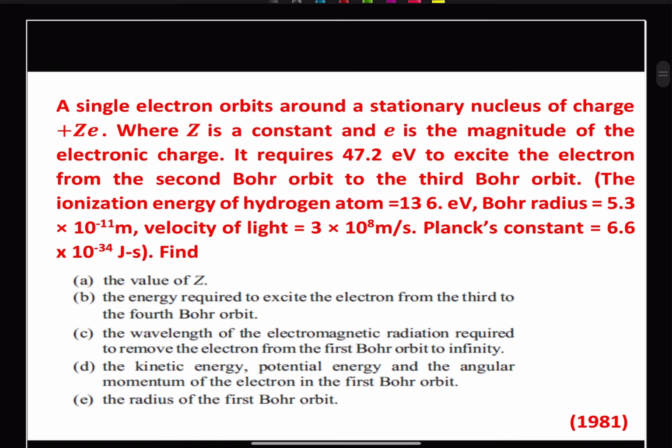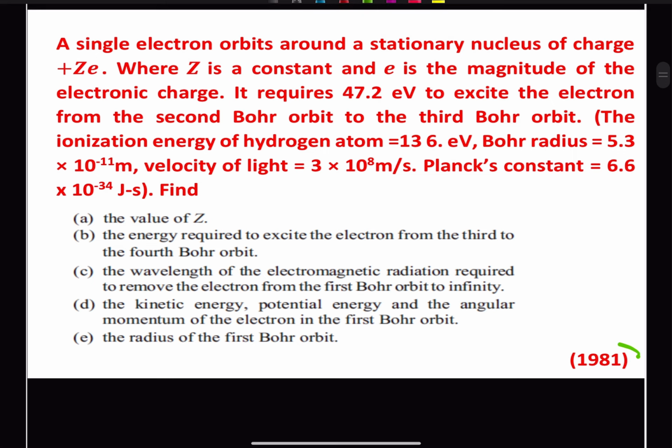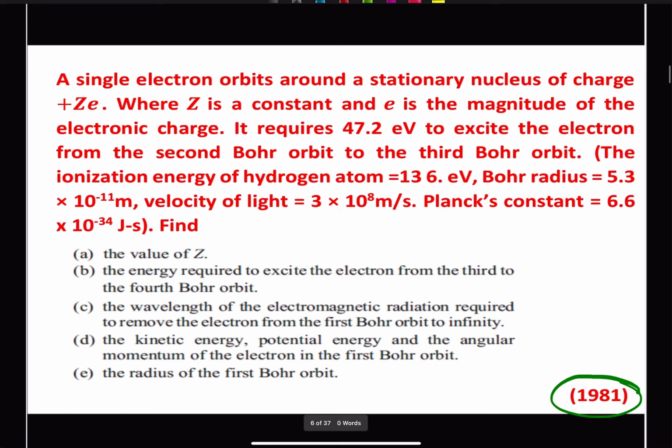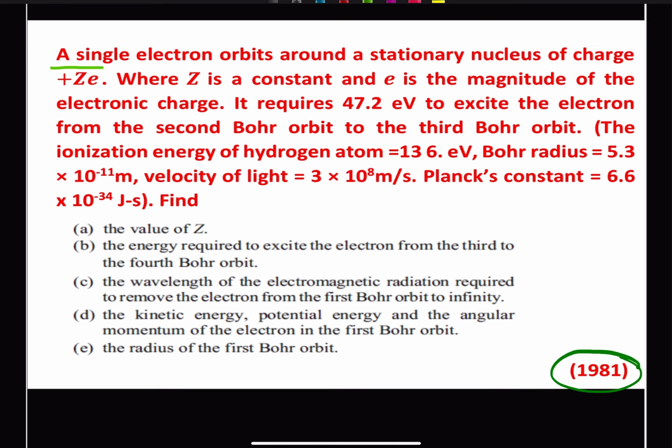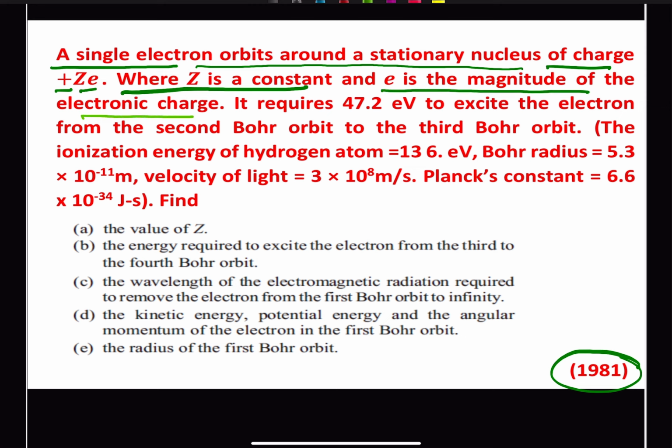Next question. It was asked in the year 1991, and it states that a single electron orbits around a stationary nucleus of charge plus Z multiplied by e, where Z is a constant and e is the magnitude of the electronic charge.